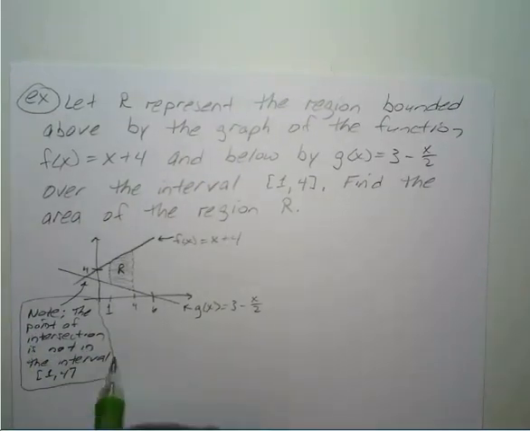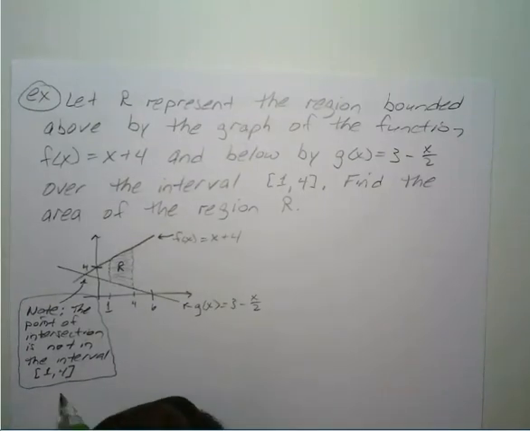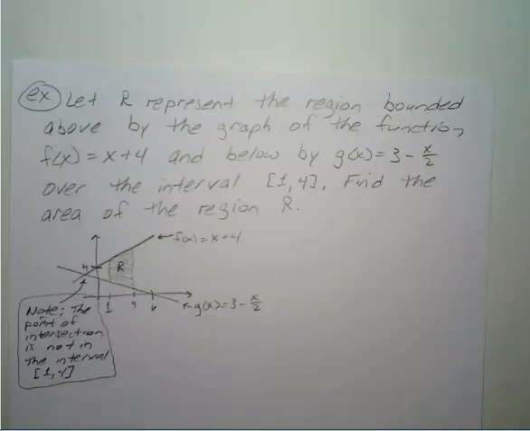That doesn't mean much for this particular problem, but moving forward, it is a very important detail that you're going to want to look for. Like I said, on this one it's not in the interval, so it doesn't make a difference, but it is definitely something we want to pay attention to.